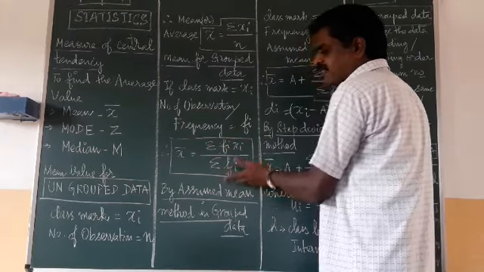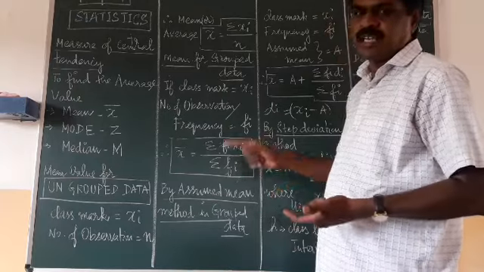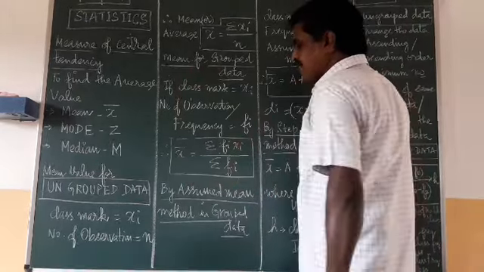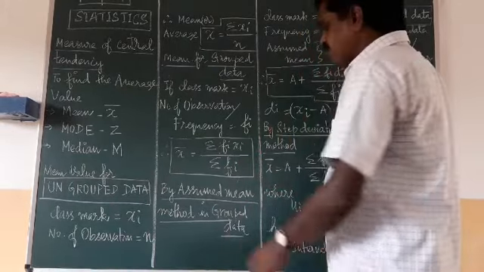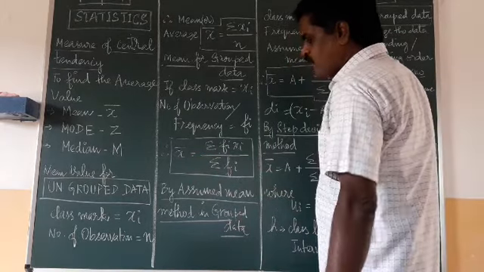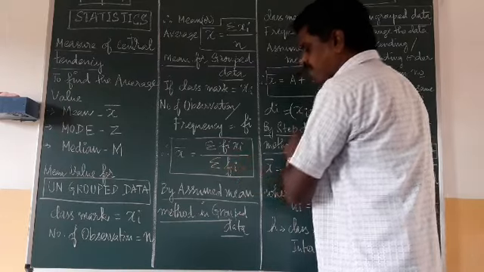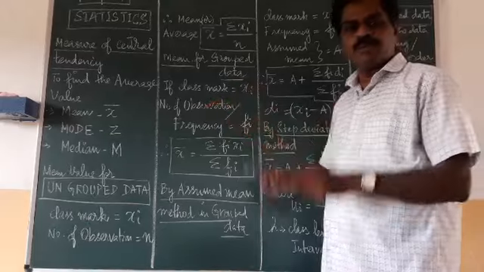Sigma fi is nothing but the number of frequencies, or number of observations. So in grouped frequency data, if xi and frequency are given, the mean x bar is sigma fi xi upon sigma fi. This is for frequency given in grouped data.